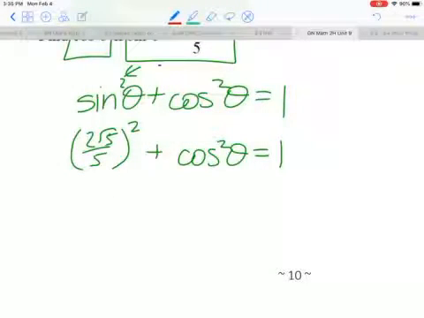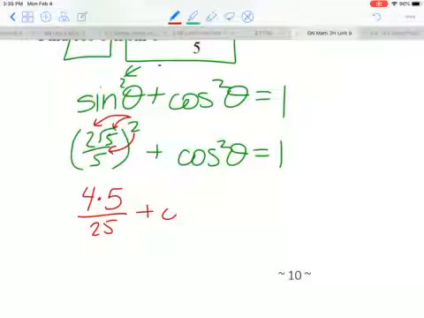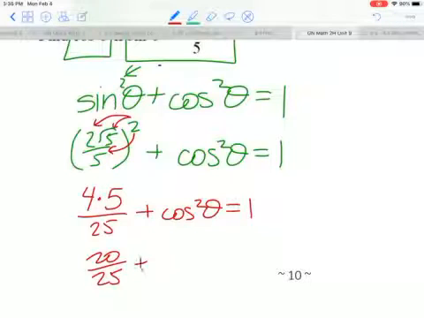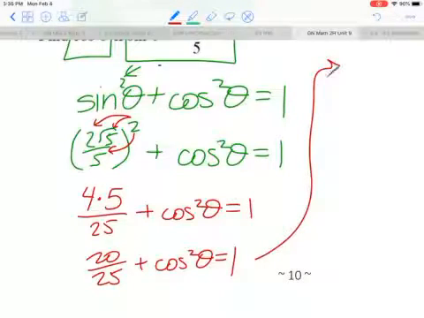So now, when we square this, remember, distribute the square. So we get 4 times, and then radical 5 squared is just 5. So we do get 20 over 25. And then let me come over here so you can see it better.